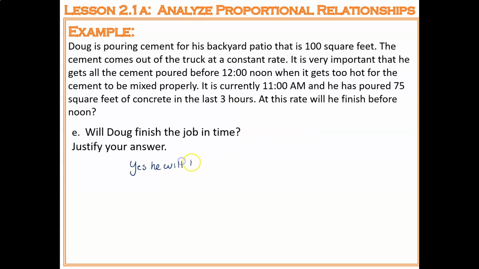He's going to have 100 square feet poured by noon. I'm going to justify that by saying because he pours at a constant rate of 25 square feet per hour.